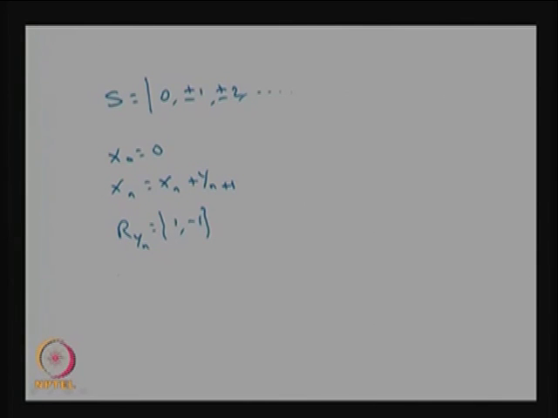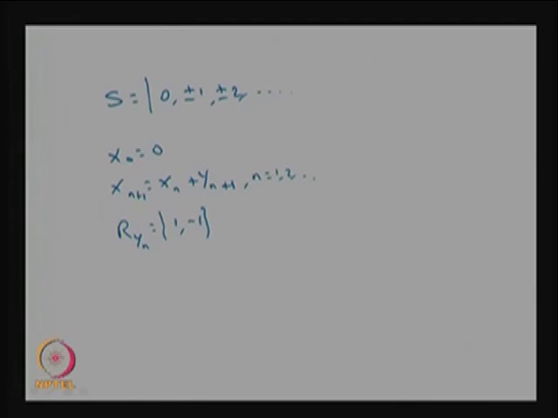Therefore, the range of X n will form a state space, and X naught is equal to 0. Therefore, the relation is X n plus 1 is equal to X n plus Y n plus 1, n takes a value 1 and so on. Therefore, the possible values of X n will be 0, plus or minus 1 or plus or minus 2 and so on. Therefore, that will form a state space.